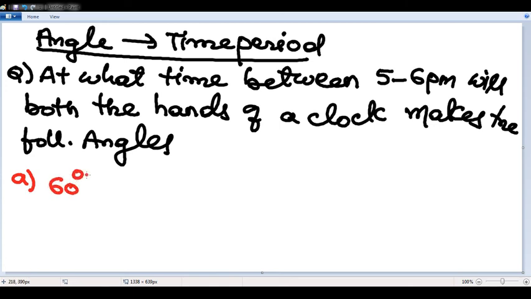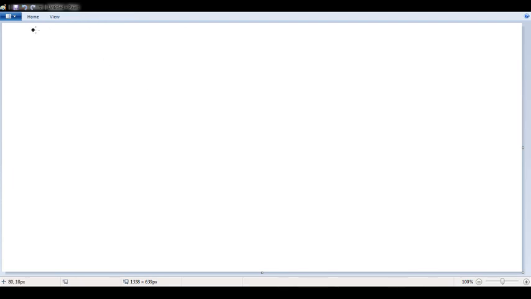60 degrees. Listen carefully. First problem, method 1. Method 2, a single step I will tell you. The question is 5 to 6 p.m., and the first angle is 60 degrees.